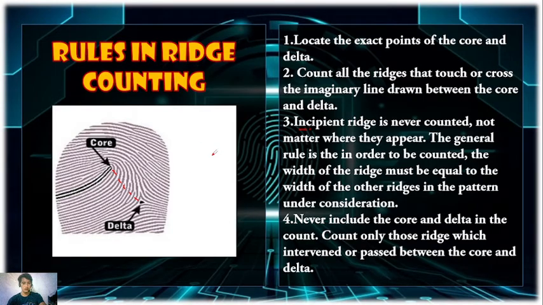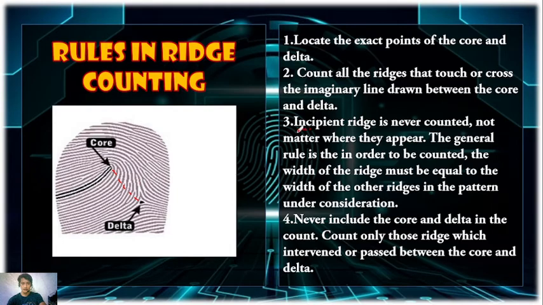If you remember, in our previous video we also tackled incipient ridges. These are ridges that are lighter, or thinner, than the surrounding ridges. If we define it in our own terms, it is like an abnormal size ridge.